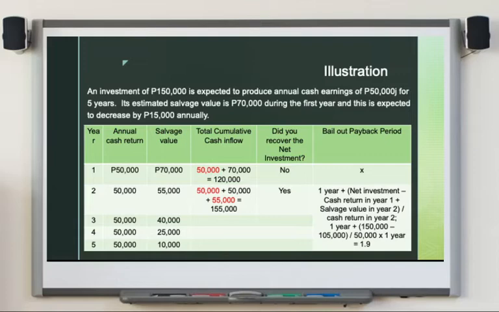You will have a different answer if you divide 50,000 by the salvage value of 55,000, and that is the incorrect way of computing the bailout payback period. So the correct answer is 1.9 years. If you want to make it more specific, you get the 90% of the 12 months, and you will get the exact number of months.